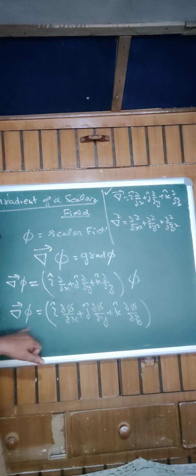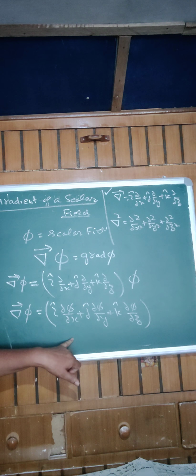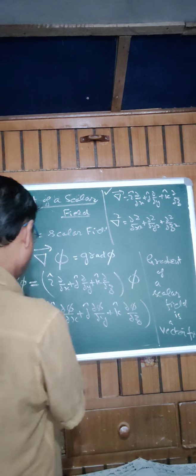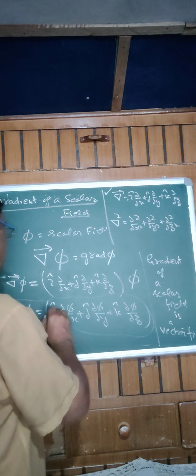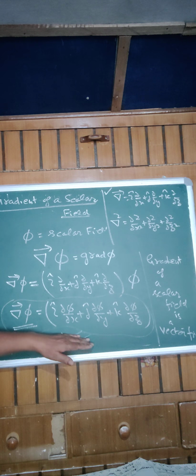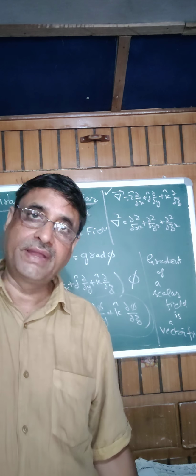So the gradient of a scalar field is always a vector quantity. Write it down here so you can remember: the gradient of a scalar field is a vector field. If you check the resulting answer, this will give you a vector quantity and a vector field.